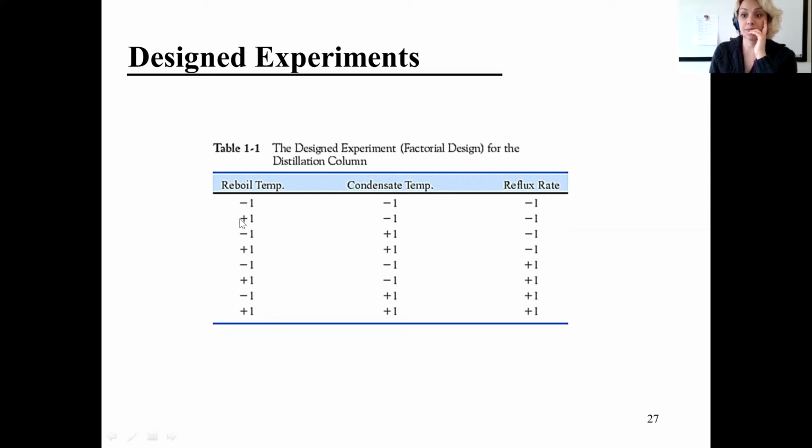For example, if it's -1, it's 300, and if it's +1, it's 400 degrees centigrade. Condenser temperature, if it's -1, it means 20 degrees centigrade, and if it's +1, it's 40 degrees centigrade. The reflux ratio is like this as well. So we are going to assign numbers to these.